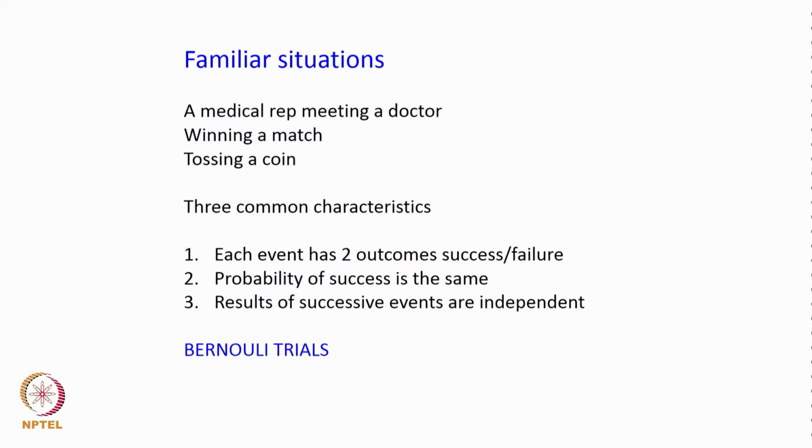Winning a match is reasonably familiar in the sense that, just like tossing a coin, there is a probability associated with winning a match. All these have 3 common characteristics. Each is a random variable which has 2 outcomes, one of which is called a success and the other is called a failure. The moment we call one of the outcomes a success, the other automatically becomes a failure.